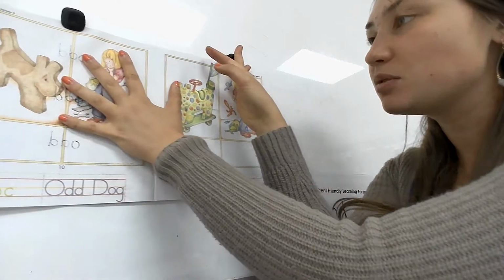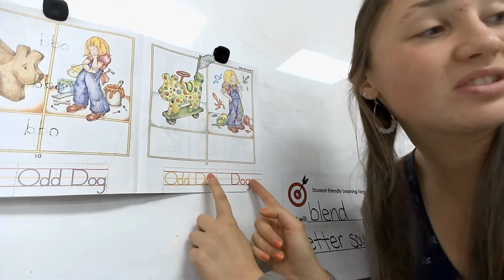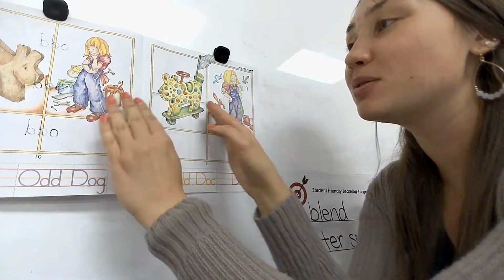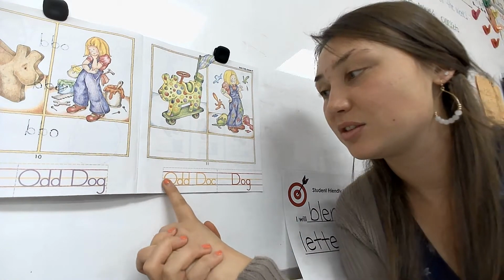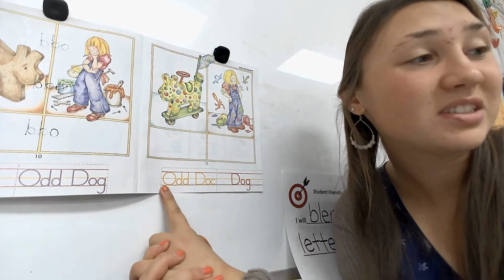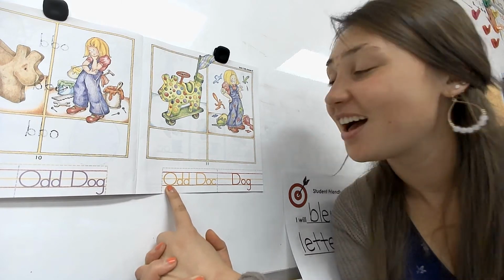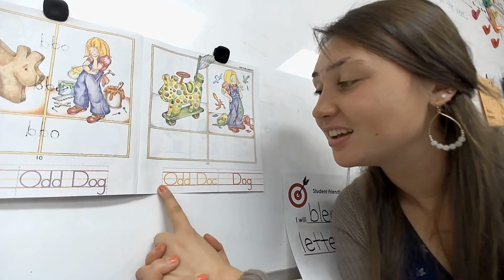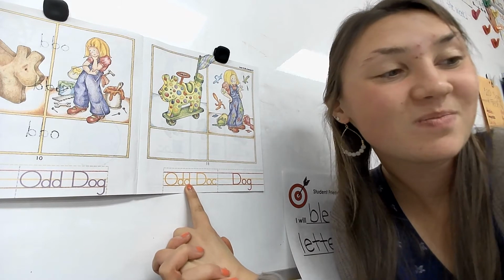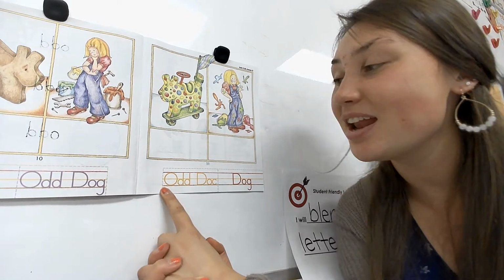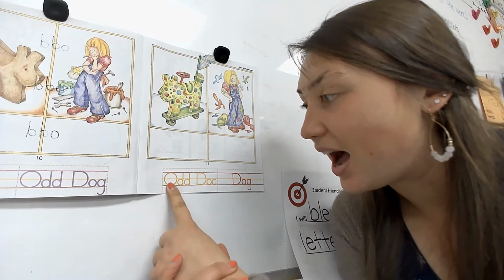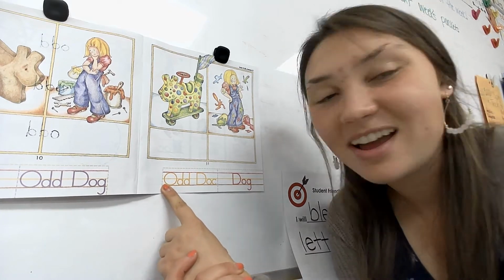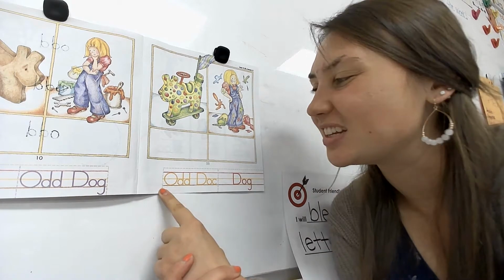Okay, let's read our last two sets of words, and then we're going to glue them to fit onto the story. Now, you should recognize this word. What does this word say? It says odd, right? You put your finger underneath O and the two D's. Odd. Very good.